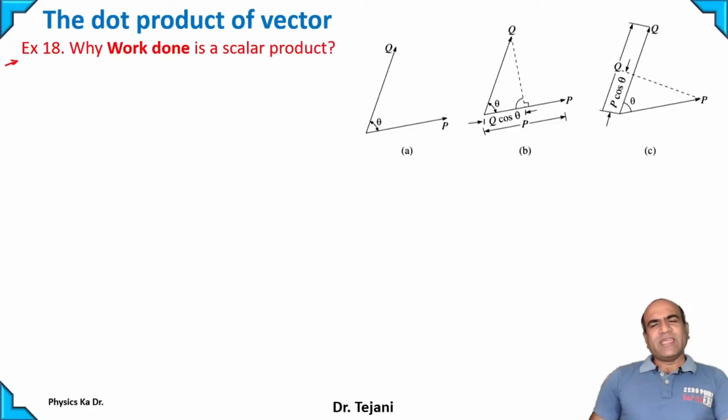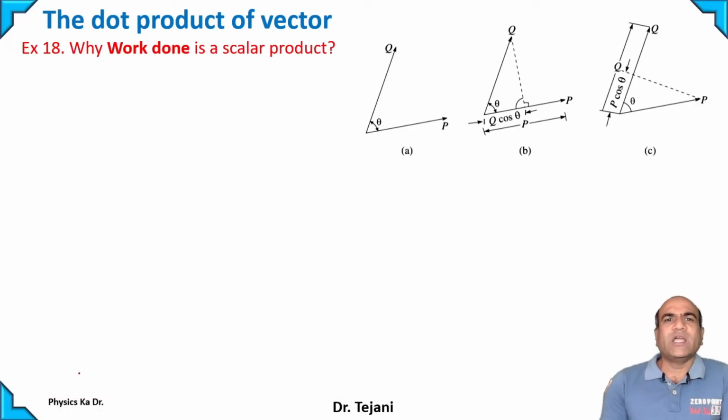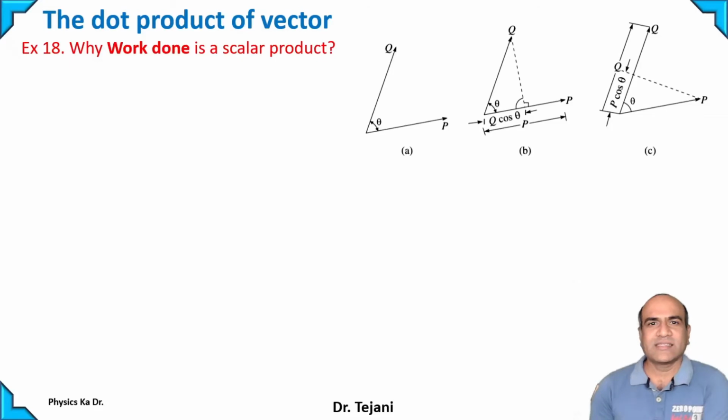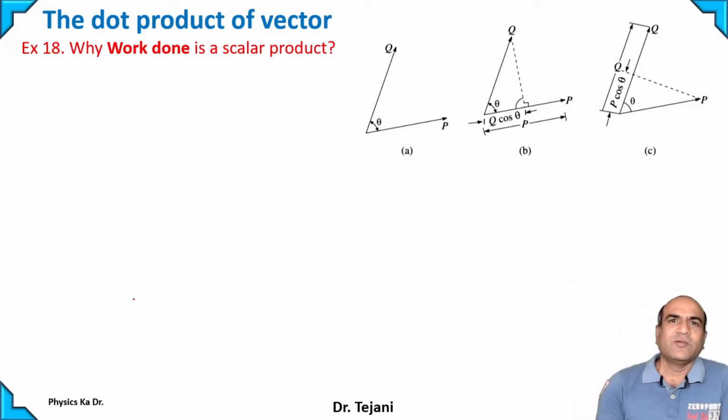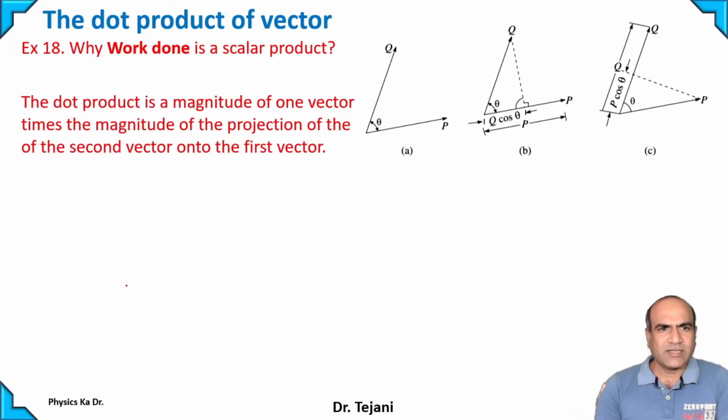So let's say a very important question. If you see our initial stage, we have seen some scalars and vectors, and this part was skipped over there. So one question is: why is work done a scalar product? First, what is a scalar product? And a dot product of any vectors, what does it give?